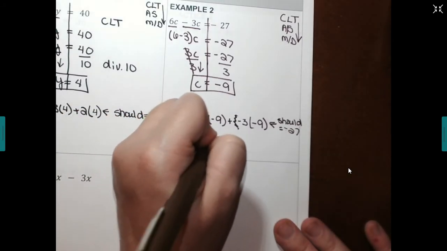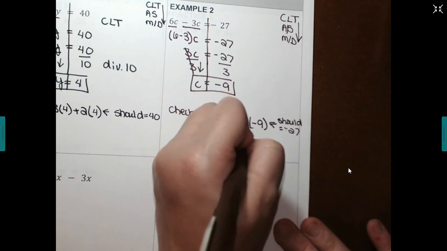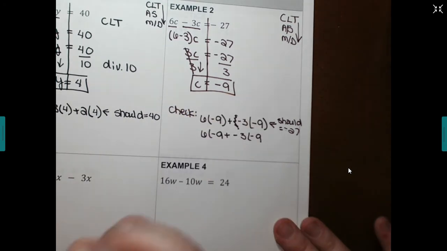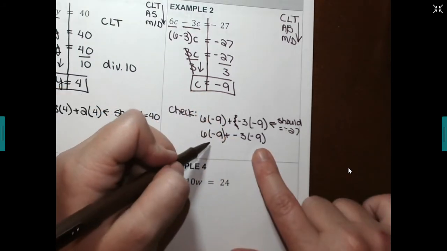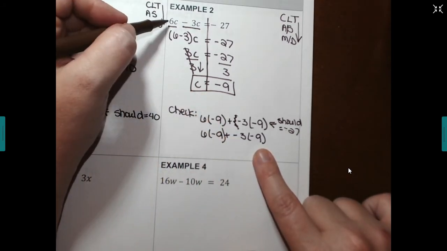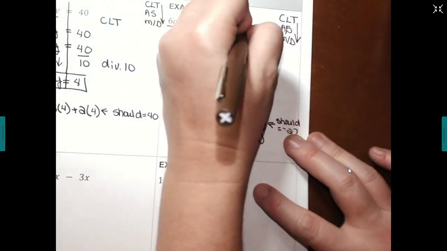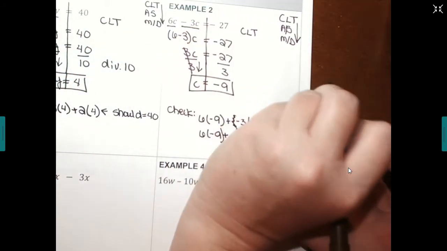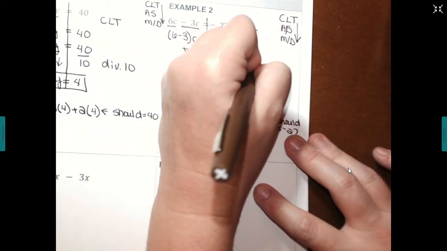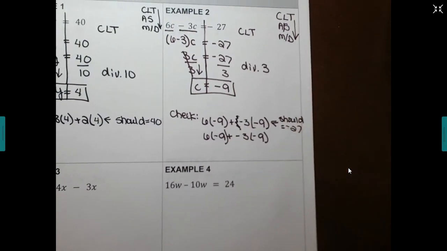We have 6 times negative 9 plus negative 3 times negative 9. Close those parentheses. So do we see our negative 9s just replaced those C's? Our first step on this one was, again, to combine like terms, and then we divided by 3. Go ahead and pause if you need to catch up.